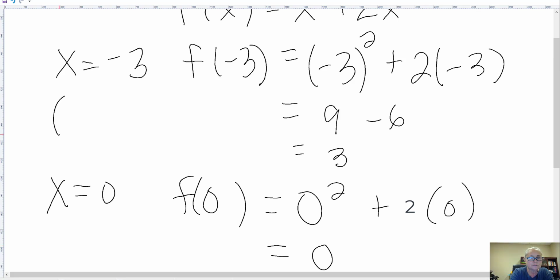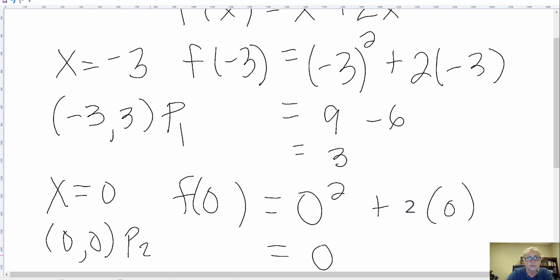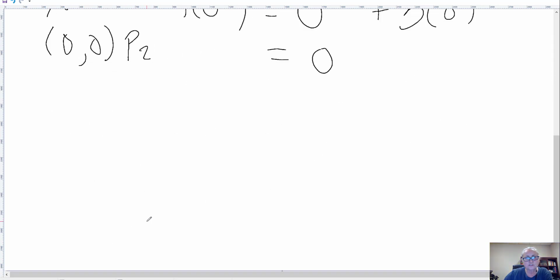I have -3, 3. We'll call that point 1. And I have 0, 0. We'll call that point 2. And I'm trying to write the equation of the secant line through these 2 points.